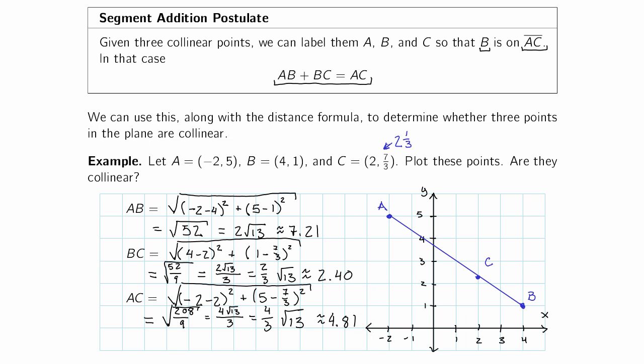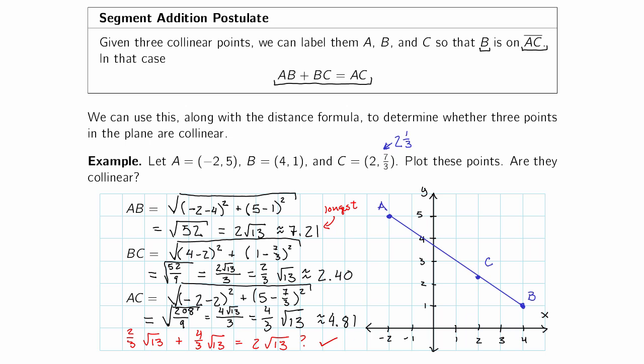Are these collinear? Well, we see that the longest distance is AB, which we already knew from the picture. But if we hadn't drawn the picture, we would need to notice that. And so we check, is 2/3 root 13 plus 4/3 root 13 equal to 2 root 13?